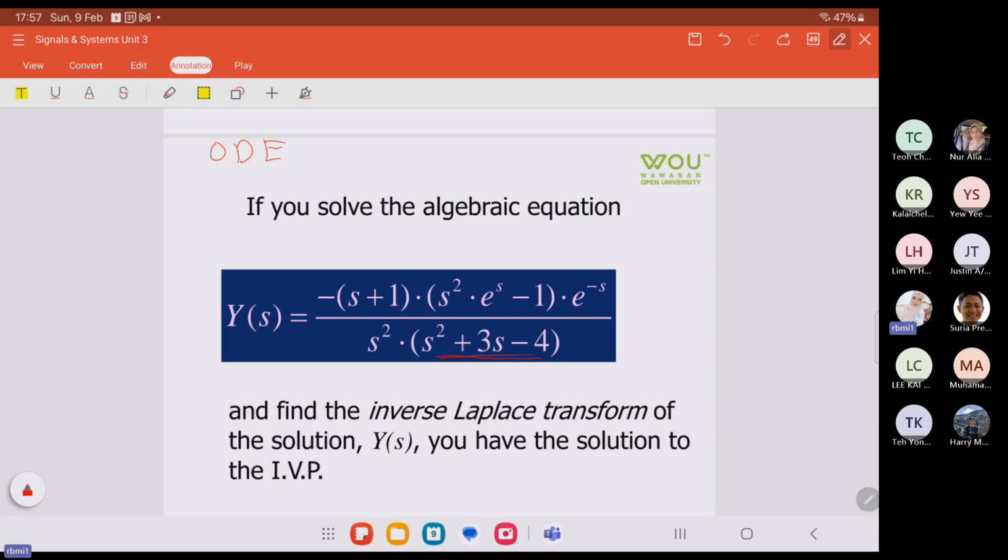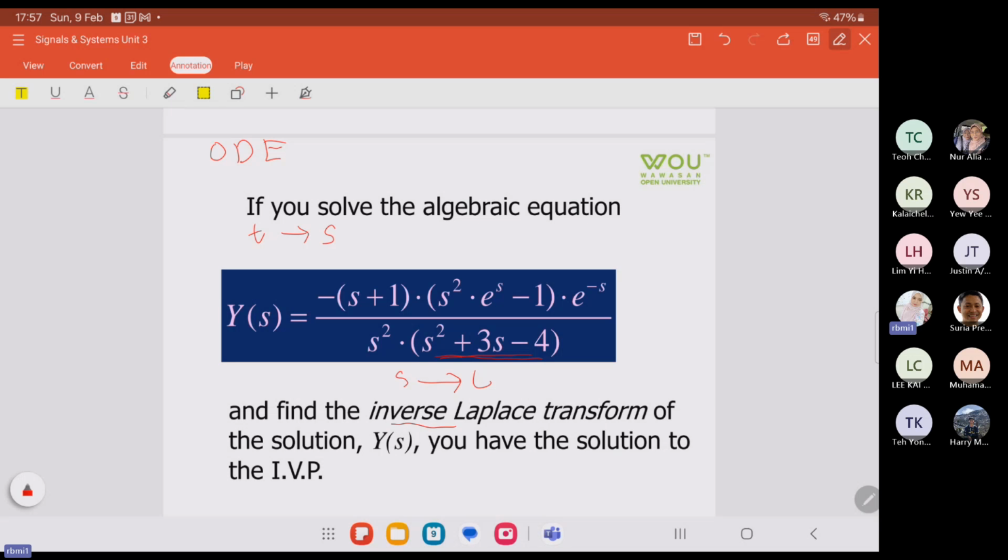We can find the inverse Laplace transform of the solutions. For the Laplace transform, it is from t to s. If it is inverse, it is from s to t.